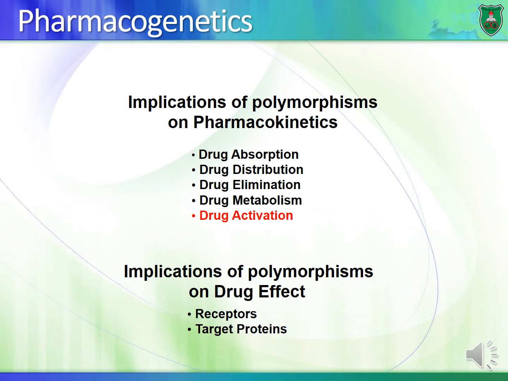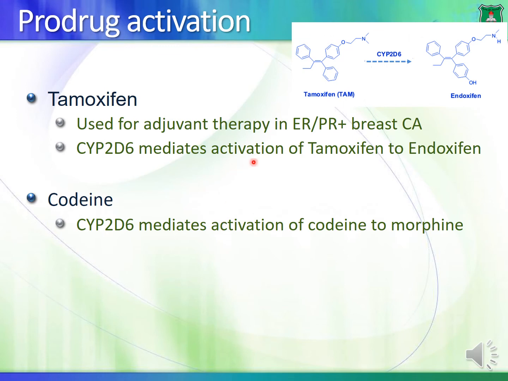Let's talk about drug activation now, because some drugs require activation, and examples include tamoxifen and codeine. Tamoxifen is an ER antagonist, estrogen receptor antagonist, meaning that it inhibits estrogen receptor, and this drug is used in treating breast cancer.